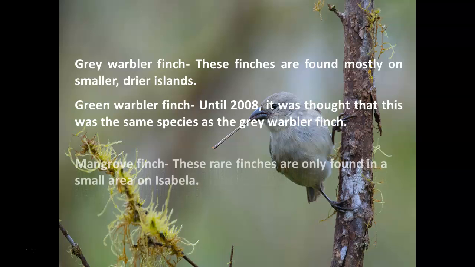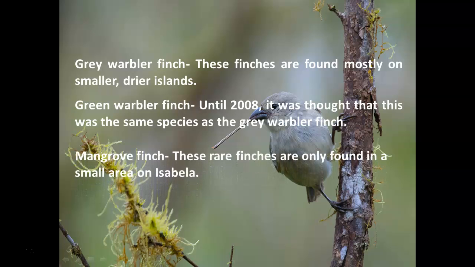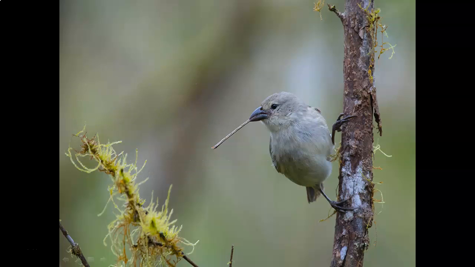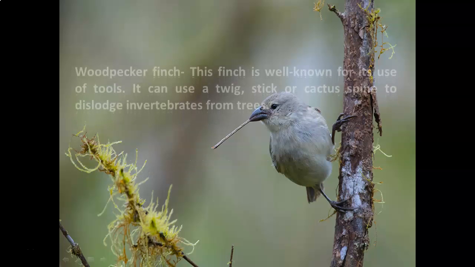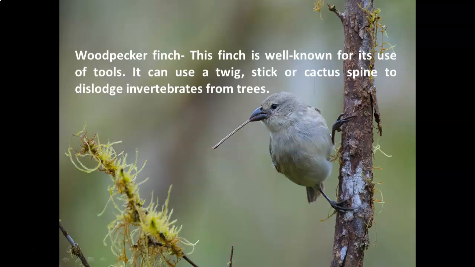Mangrove finch. These rare finches are only found in a small area on Isabella. Woodpecker finch. This finch is well known for its use of tools. It can use a twig, stick, or cactus spine to dislodge invertebrates from trees.